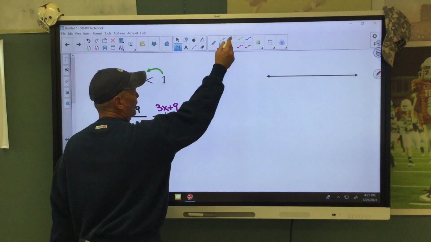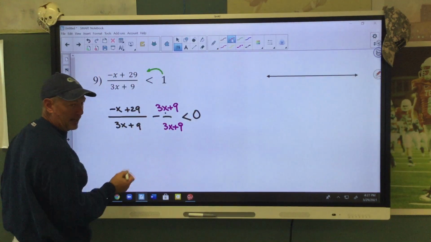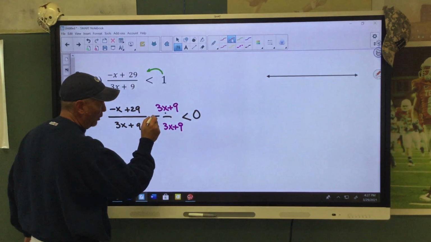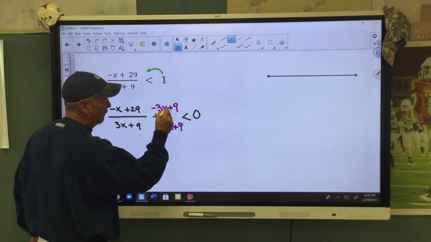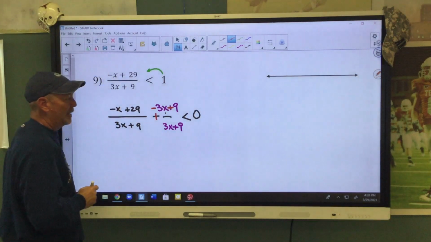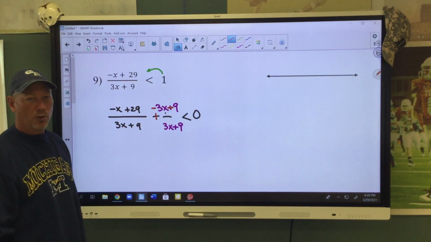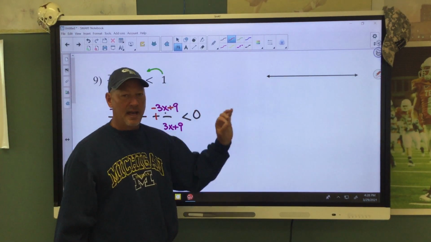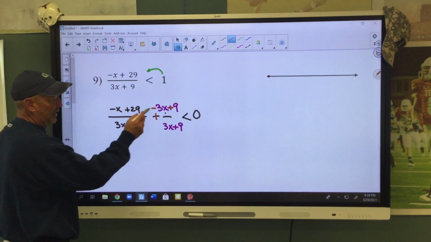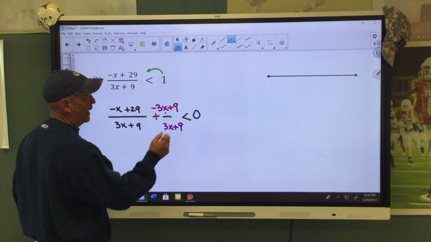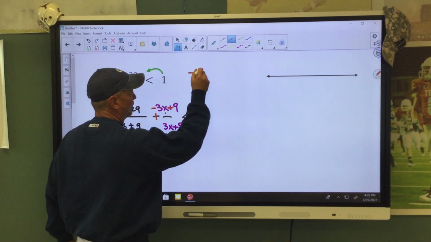But what I need to do is I have to get rid of this minus sign. I have to distribute that. So we're going to change this to a plus sign, distribute that negative, and then we're going to combine like terms. We're not ready for the number line yet. We have to combine like terms. I have a negative x and a negative 3x, which gives me a negative 4x.